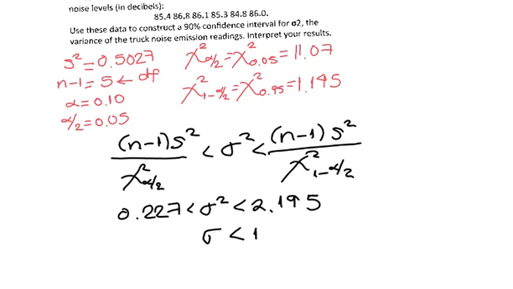So we take the square root in the upper limit and in the lower limit. For the lower limit, we have, for the standard deviation, 0.47. So actually the standard deviation, the variation between the trucks, is not so high. So we could actually apply the rule for the mean of the decibels of the complete fleet.